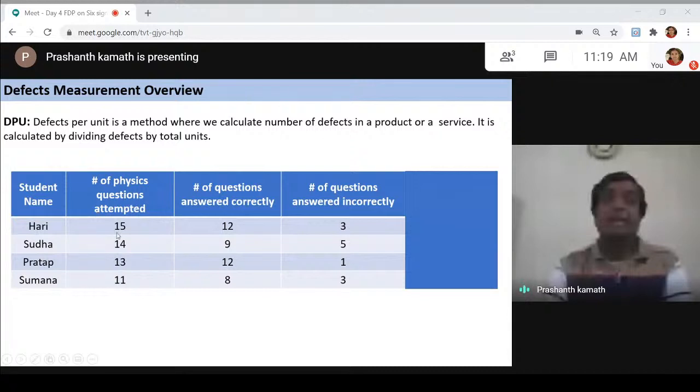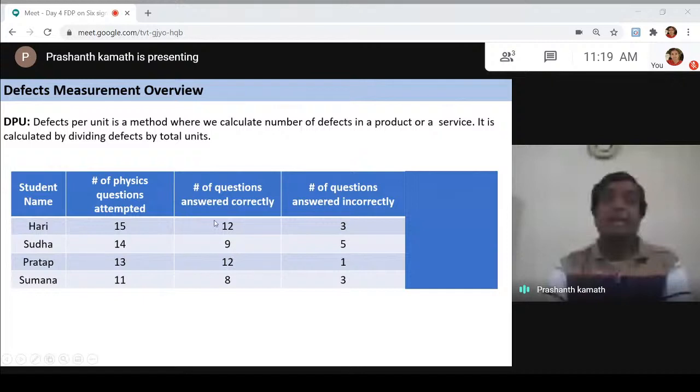Then of the number of questions which each one of them attempted, how many they have got correct? Hari got 12 correct out of 15. Sudha attempted 14. She got 9. Pratap attempted 13. He got 12 correct. And Sumana, who had attempted 11, has got 8 correct.